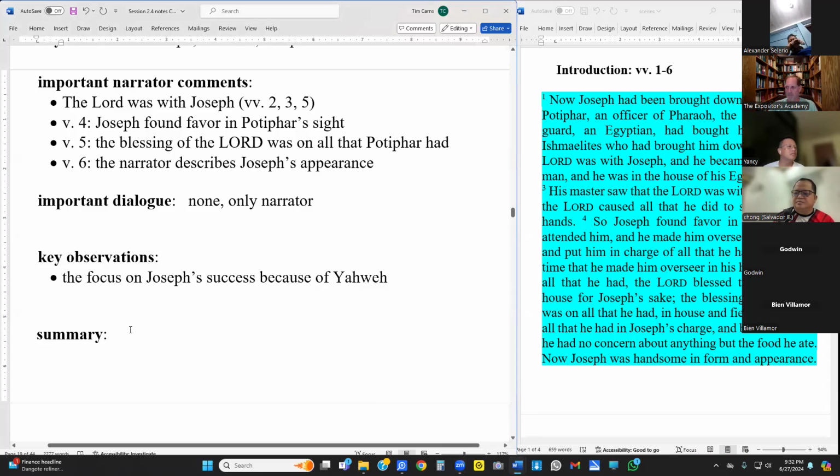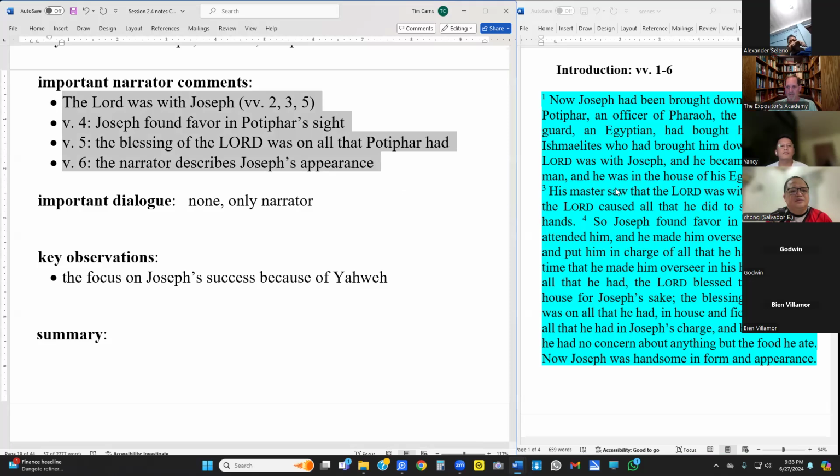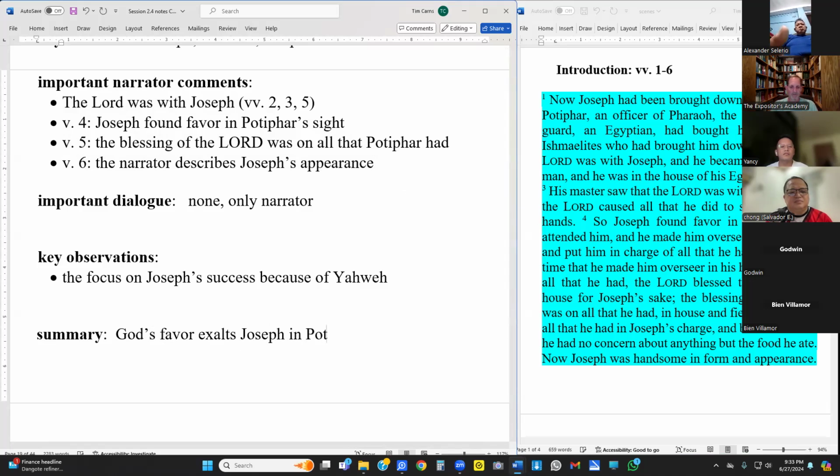No brave men among us? If you think about the narrator's comments, I think it seems to focus in on a particular theme here. God's favor exalts Joseph in Potiphar's house. That's good. God's favor exalts Joseph in Potiphar's house.